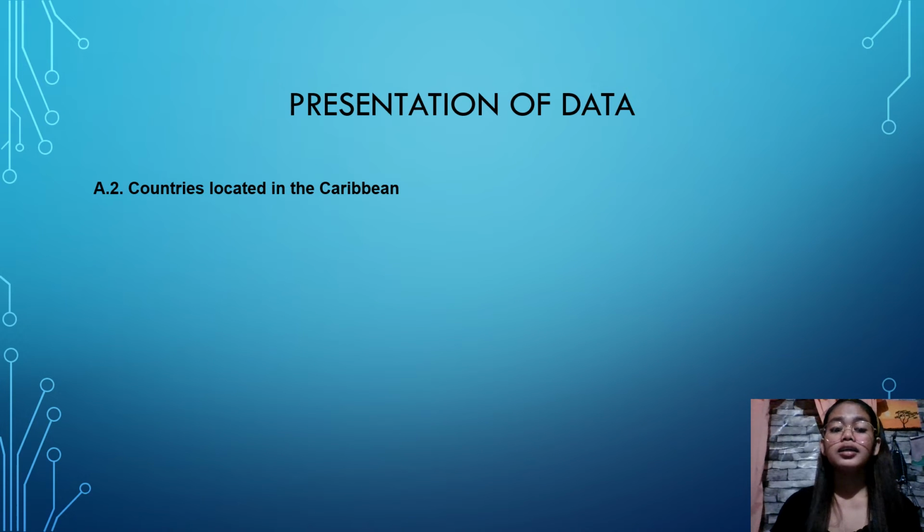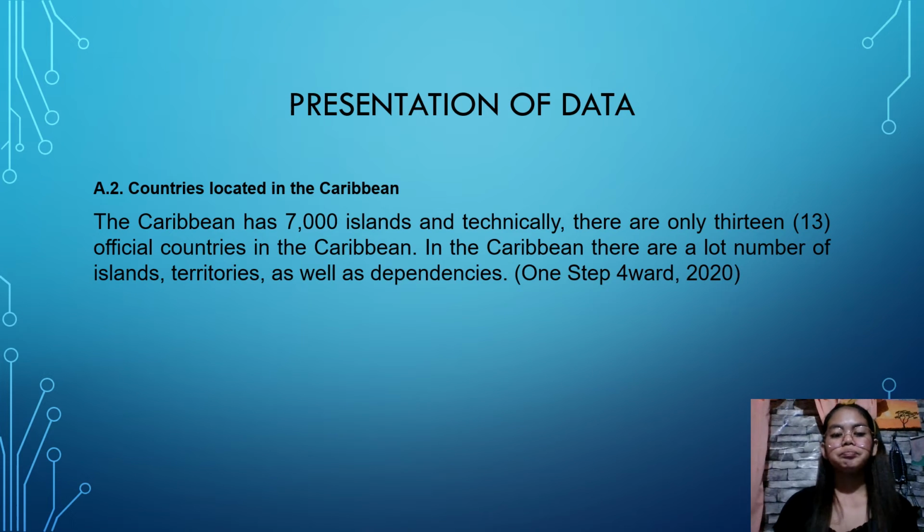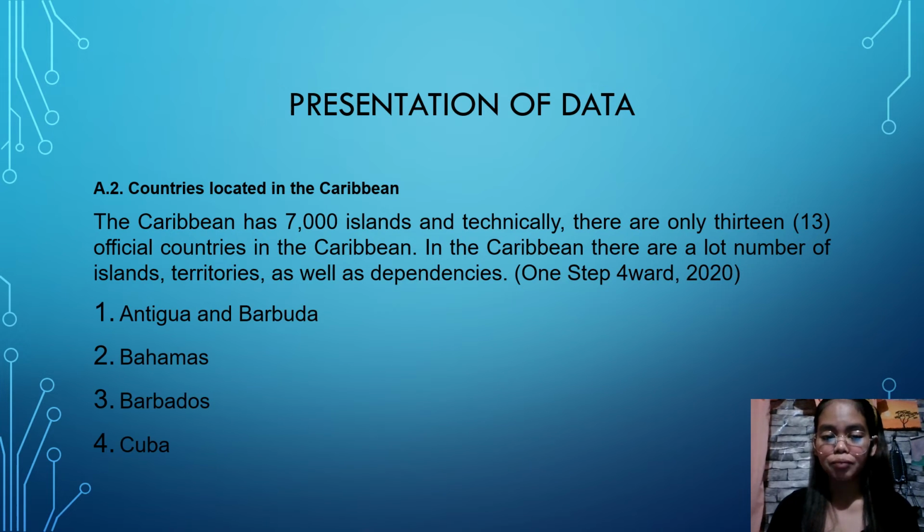Second is the countries located in the Caribbean. The Caribbean has 7,000 islands, and typically there are only 13 official countries in the Caribbean. In the Caribbean, there are a large number of islands, territories, as well as dependencies, according to One Step Forward 2020.